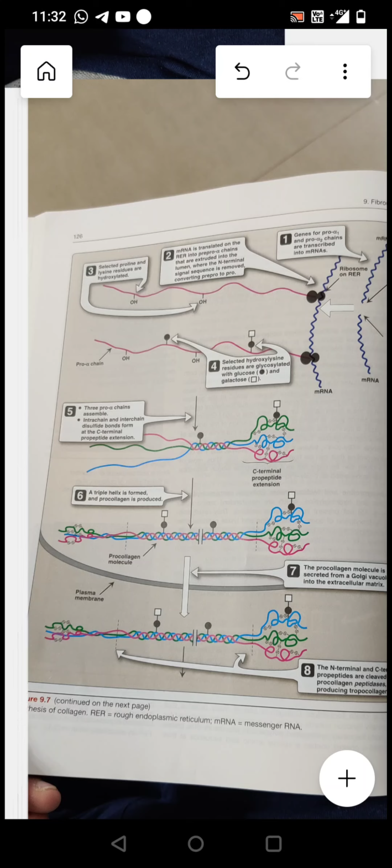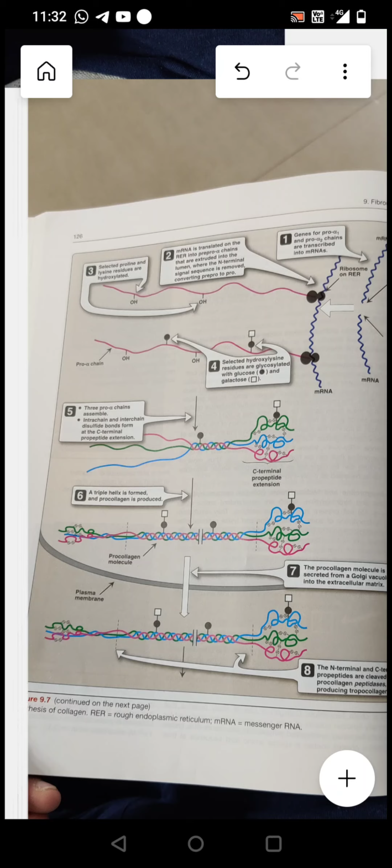It's a very elaborate diagram given in this book. I don't think any other book gives you this. It may not be very important, but what is important here is, before you get collagen, every tissue always forms a pro structure. Before collagen, you will get a pro-collagen.